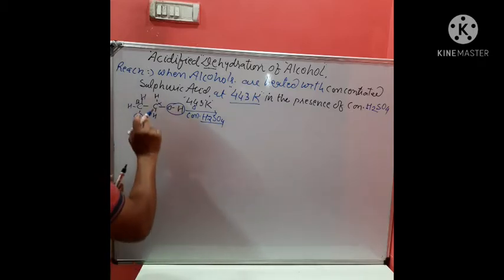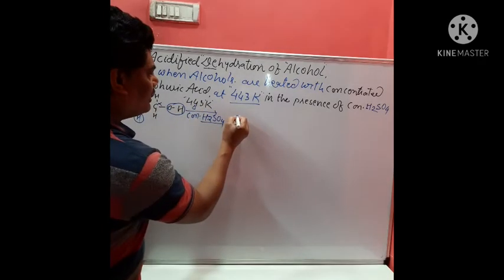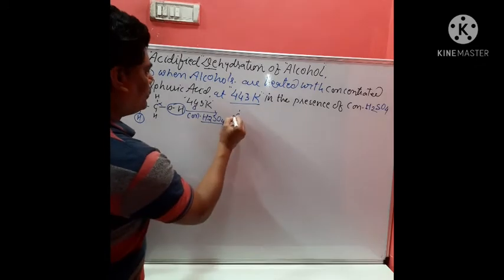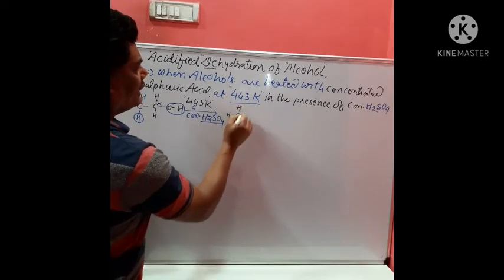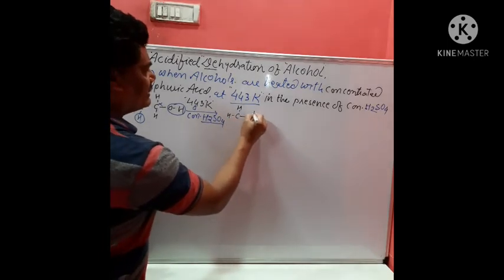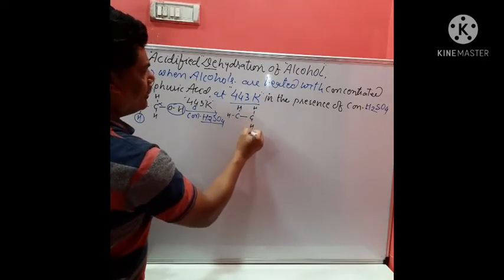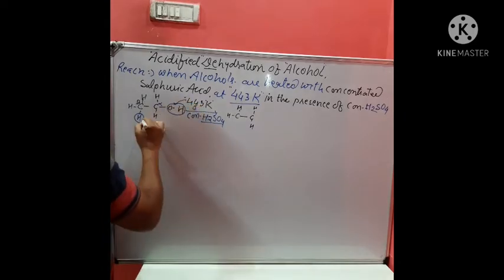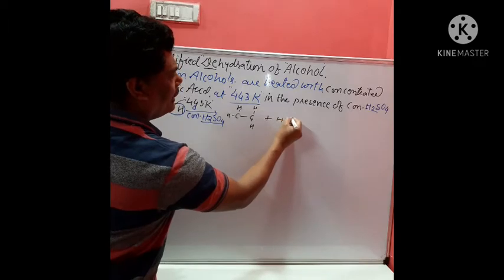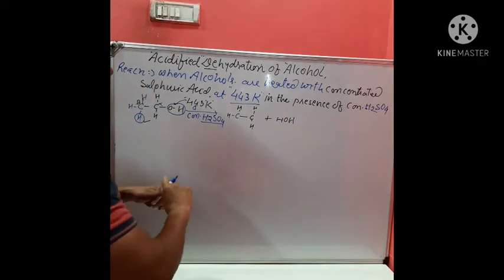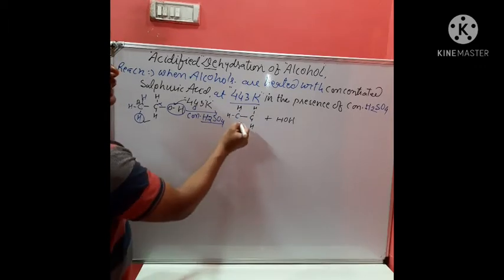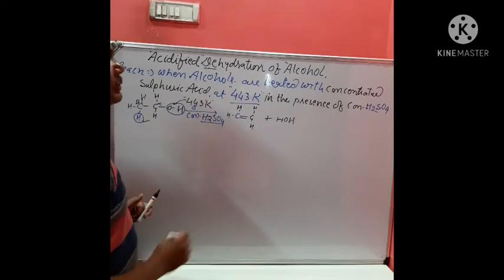So when it is eliminated from the beta carbon, in the product side there will be CH2, CH2, and OH and H are eliminated, therefore there will be HOH, that is water. Now, one valency remains to be satisfied, therefore we can place a double bond here.